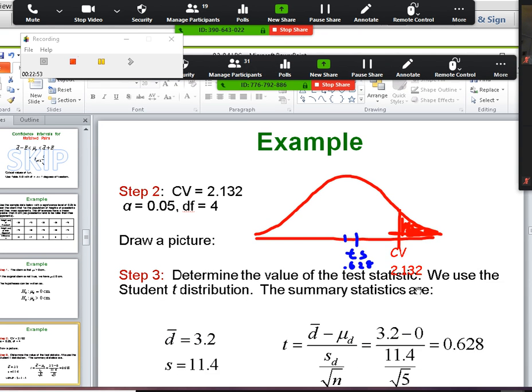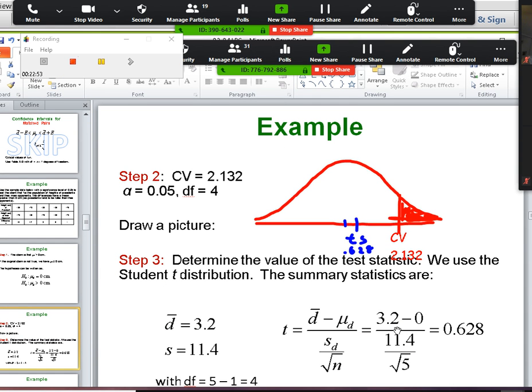So that's my claim, the mu D. This is what I got from my sample, 3.2, minus that, divided by S over the square root of n. I had 5 sets of numbers. And this ends up being 0.628. So here's my center. 0.628 is somewhere to the right of the center. This is totally in the not guilty, do not reject range. So we're not going to reject H naught.